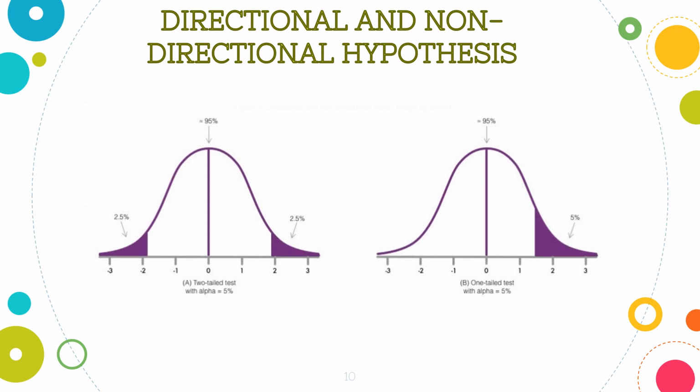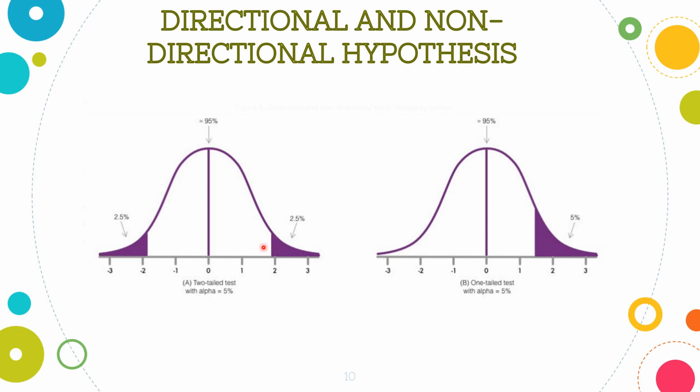Okay. So in here, this one is the two-tailed test or the non-directional, and this one is the one-tailed test or the directional. As you can see, the level of significance here is 5%. So 5% in here, 95% yan. Ito, 2.5, 2.5. Bakit 2.5, 2.5? Kasi hinati into 2. Kasi two-tailed test siya.